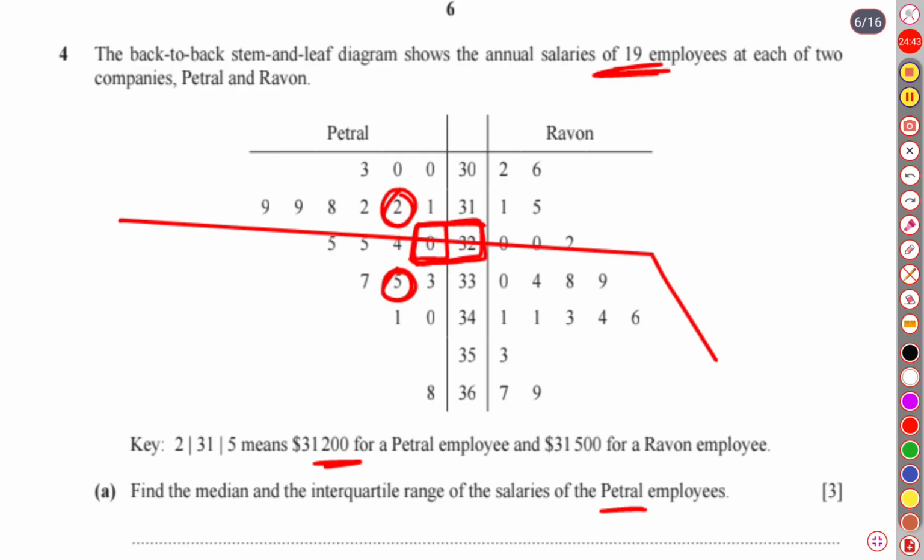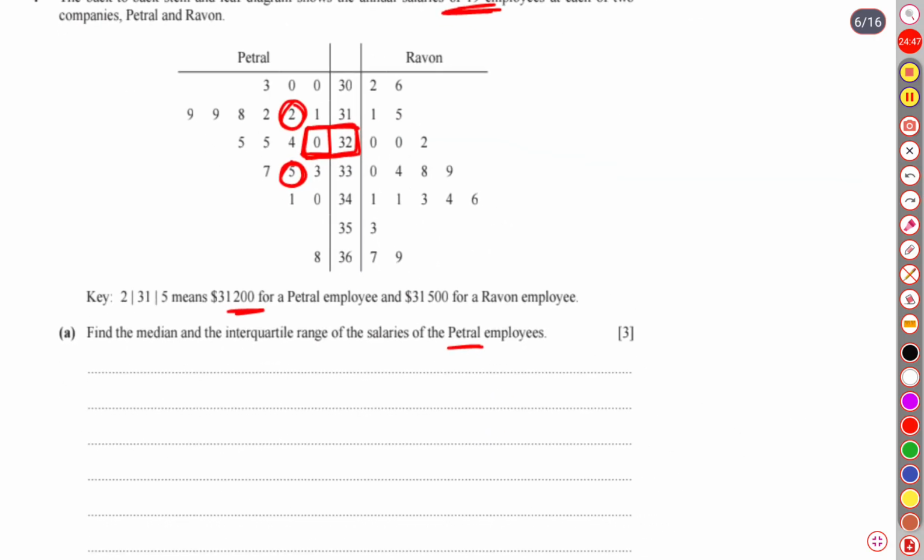We will write them down. First of all, the lower quartile, Q1. Q1 is equal to, we have already decided, 312, and we will not forget to use these zeros. Look, these zeros are to be included. So the lower quartile is $31,200.